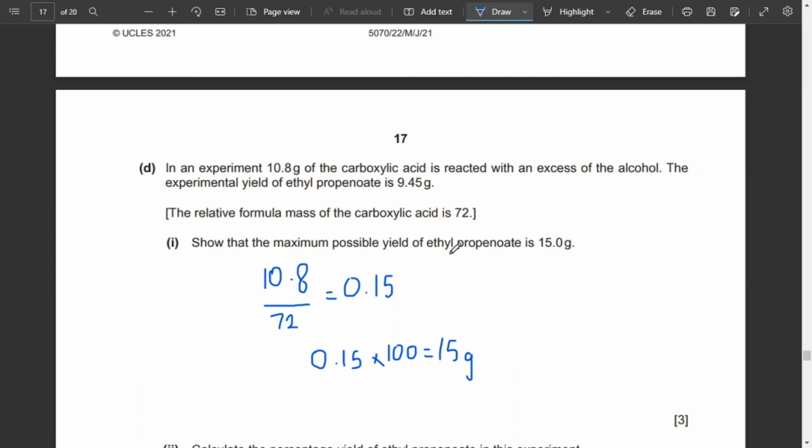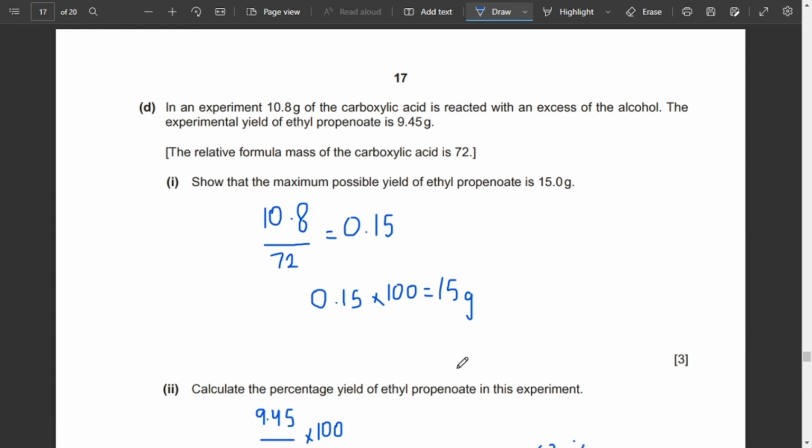I found out the formula mass of ethyl propanoate and then I multiplied it to find the mass, because mass is equal to moles into molecular mass. So the molecular mass of ethyl propanoate was 100, and once I multiplied 0.15 with 100, it became 15 grams. Alright, so that is how I have done this question, and we have got the answer, that is 15 grams.